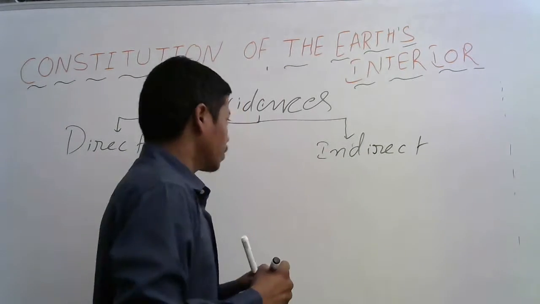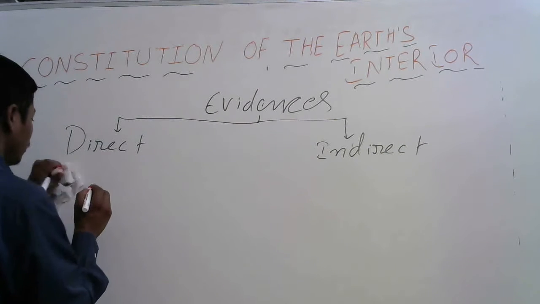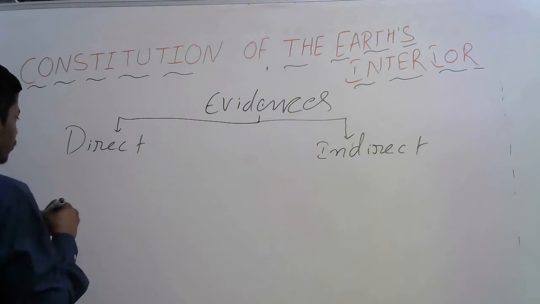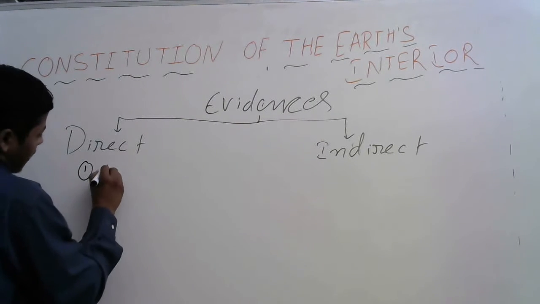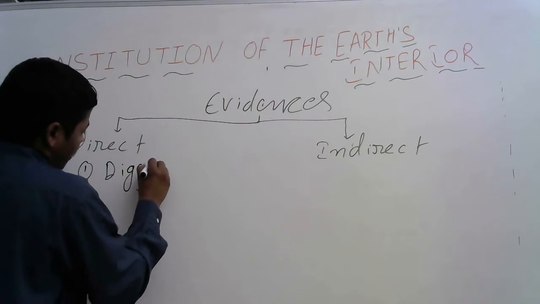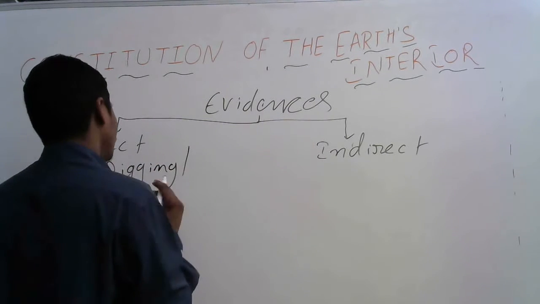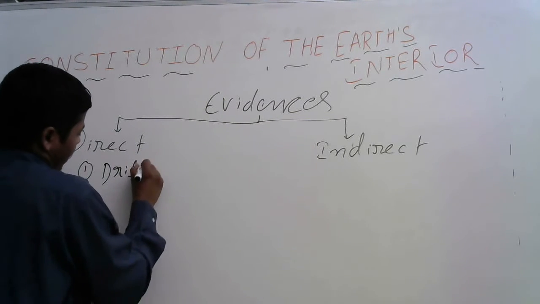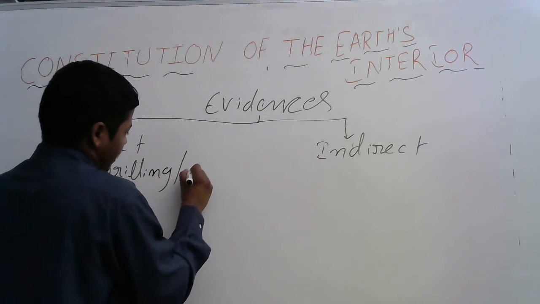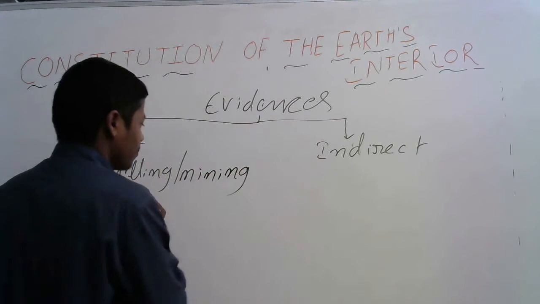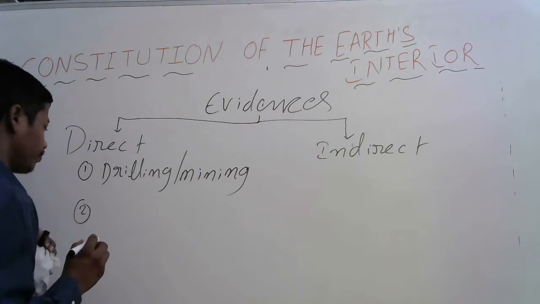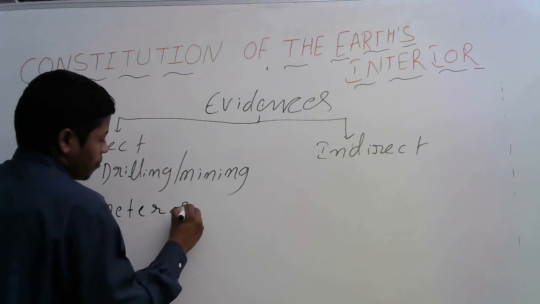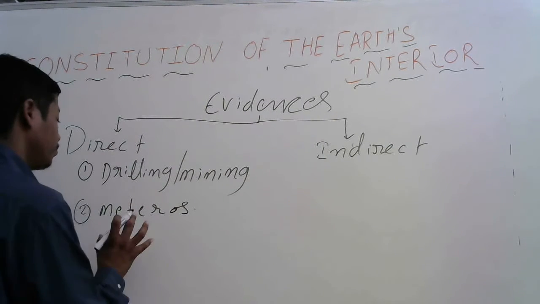Indirect evidences. Okay friends, direct evidences are drilling, mining, and meteors.